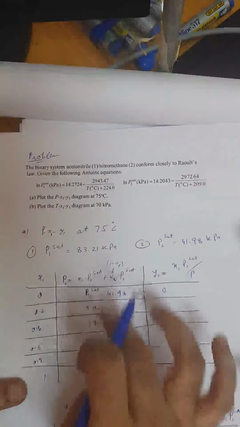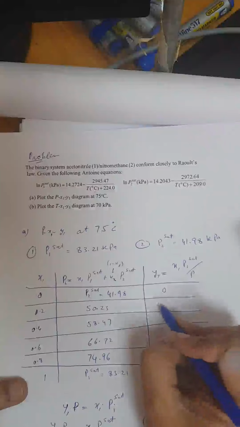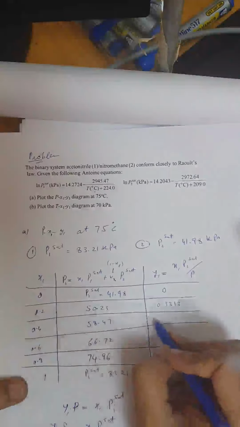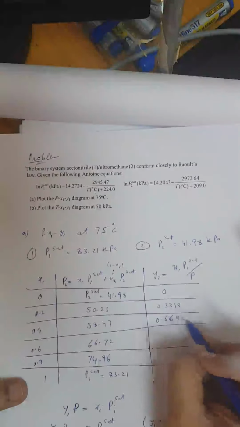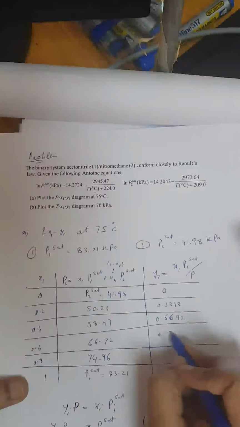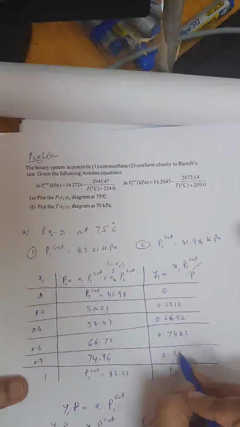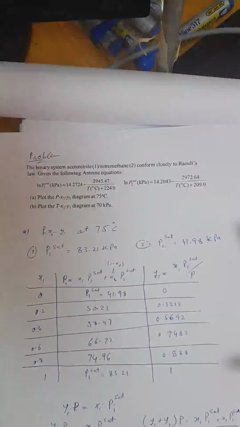So no need to calculate again. Just calculate the 4 values in between. It comes out to 0.3313, 0.5692, 0.7483, 0.888. This is how we solve the problem.